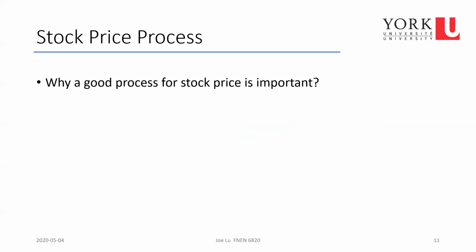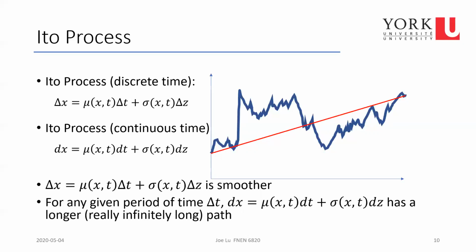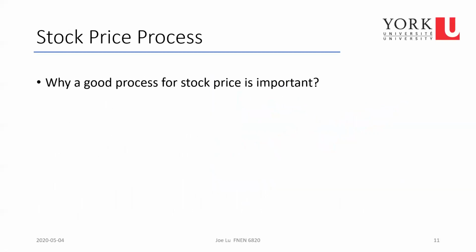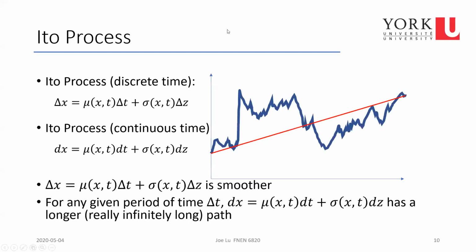The answer is that the discrete one actually has a shorter path. So the continuous one actually has more wiggle room. But the question is why? So I'm going to stop right here.